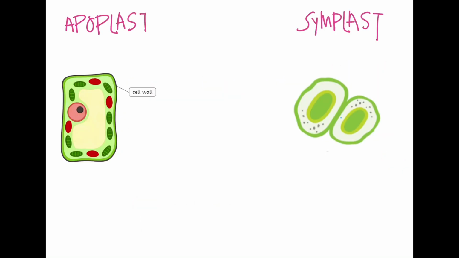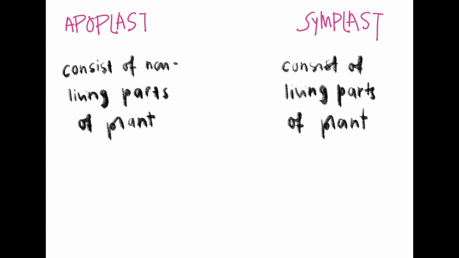Next, we are going to look at the differences between apoplast pathway and symplast pathway. The first one is apoplast pathway consists of non-protoplasmic parts such as cell walls and intercellular spaces. Symplast consists of protoplasts. Next, apoplast is composed of non-living parts of a plant, meanwhile symplast is composed of living parts of a plant.